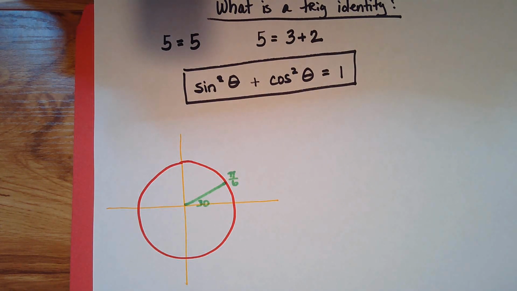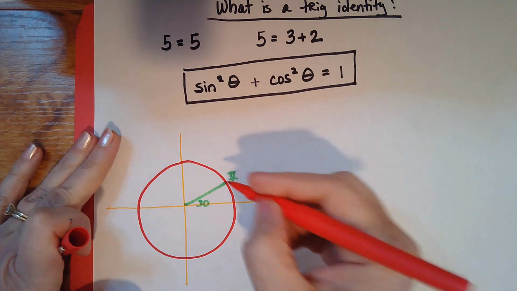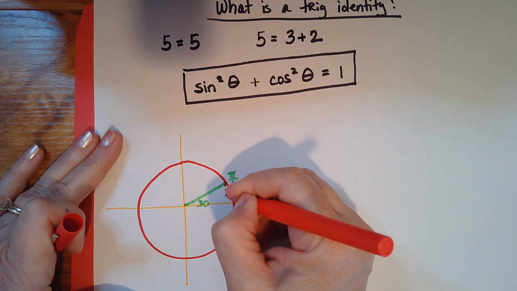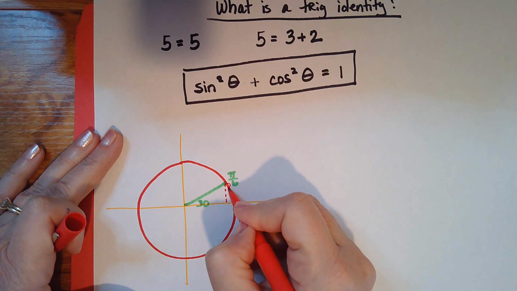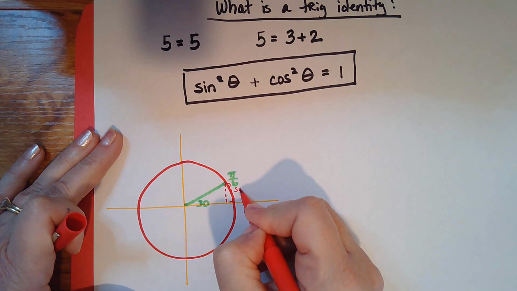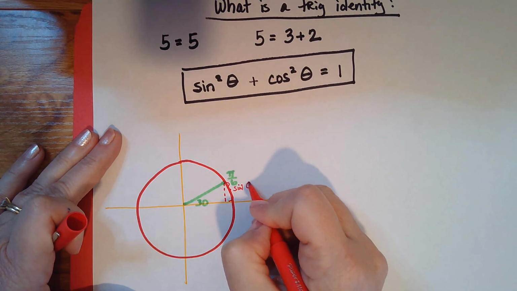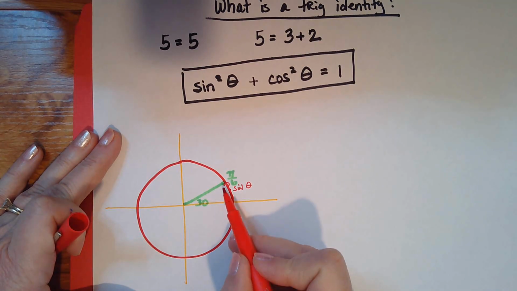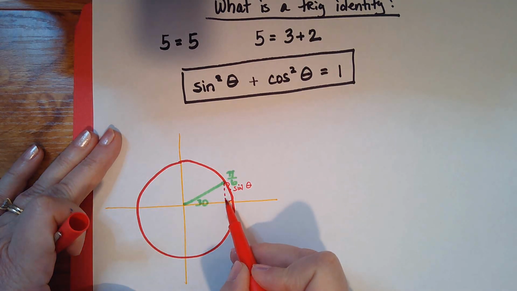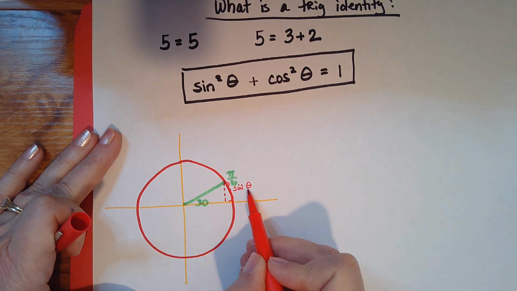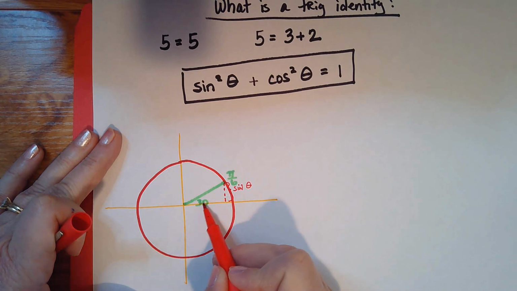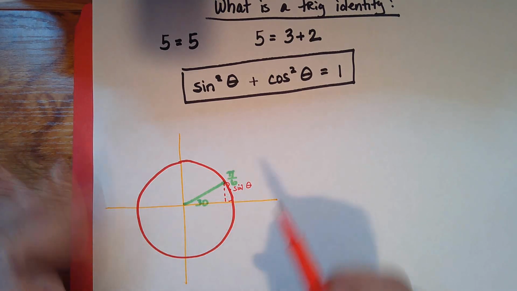And you might recall from some earlier videos that this vertical distance right here, the length of this line, is the value of sine of whatever our theta is. So in this case, sine 30.